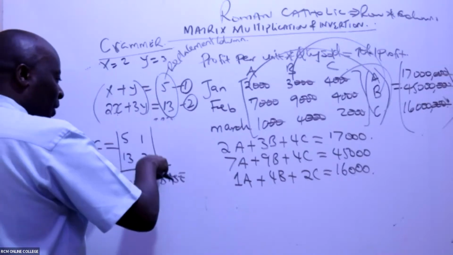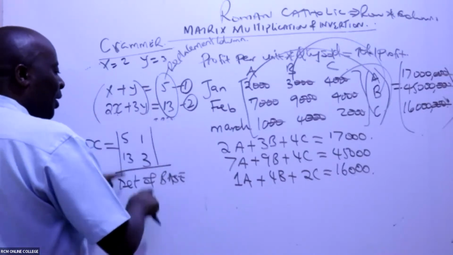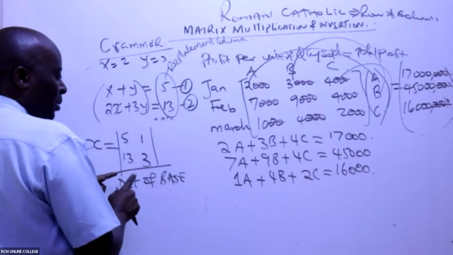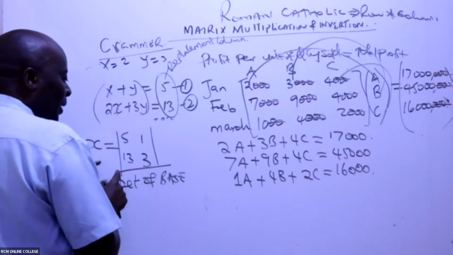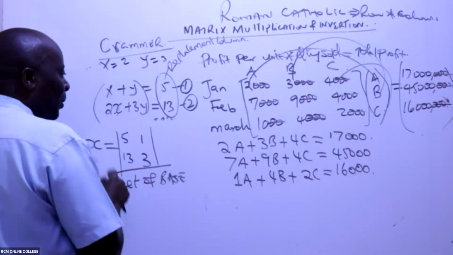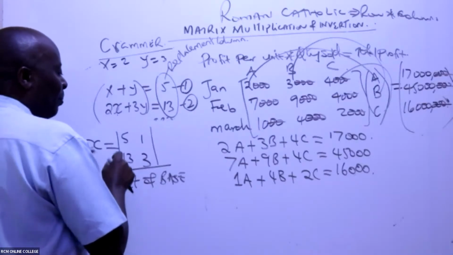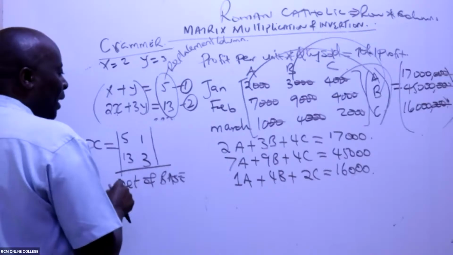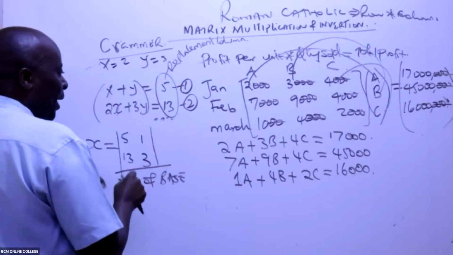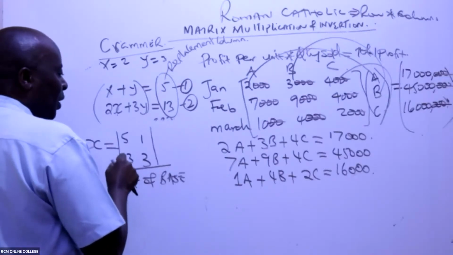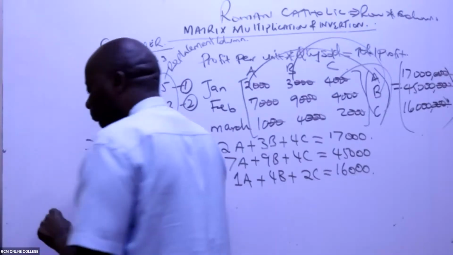These two strokes here simply want us to get the determinant. Determinant, ladies and gentlemen, is PPD, product of primary diagonal minus product of secondary diagonal.